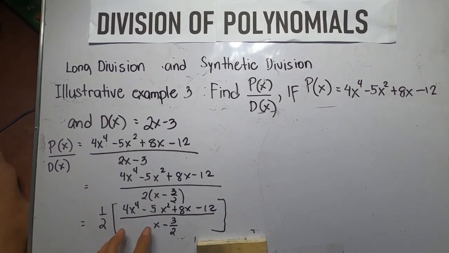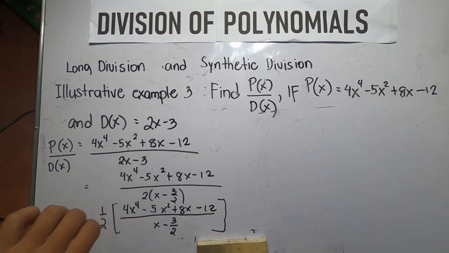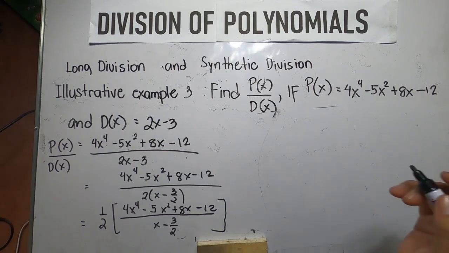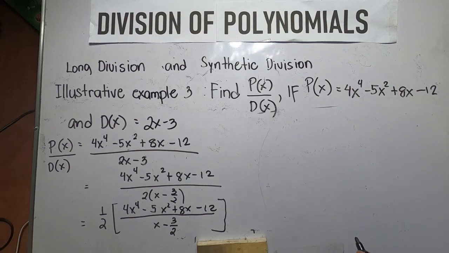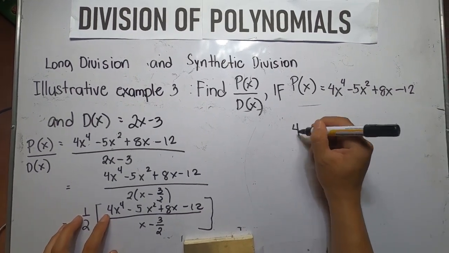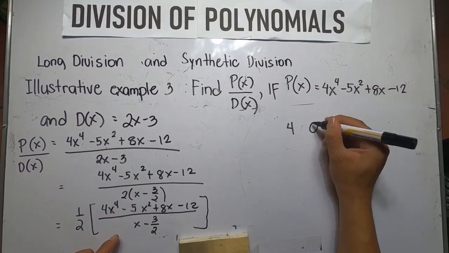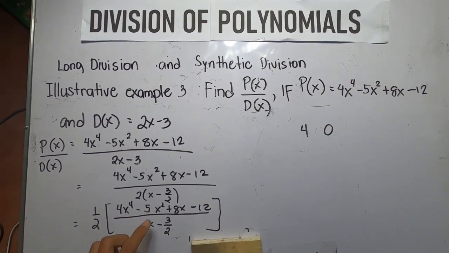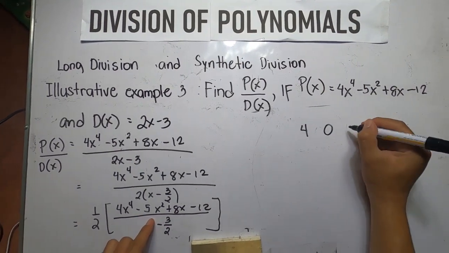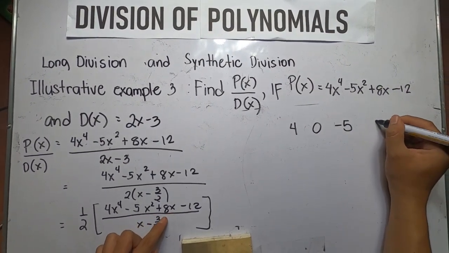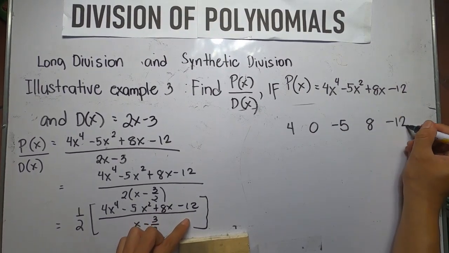We will now divide 4x raised to 4 minus 5x squared plus 8x minus 12 by a linear divisor x minus 3/2. So we will now identify and write the numerical coefficients of the dividend. Those are 4. There is a missing power of x, so I will write 0 as the numerical coefficient. Next is negative 5, positive 8, and negative 12.